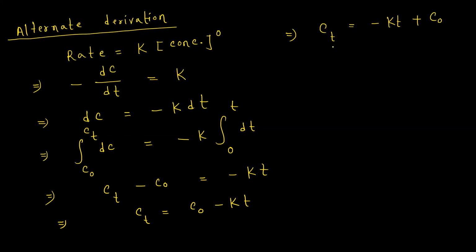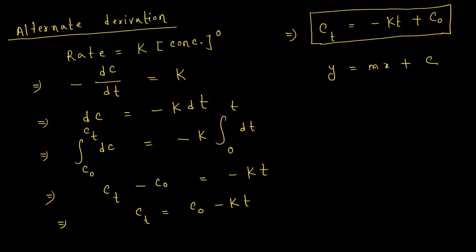Now we compare this expression with the equation of a straight line. As we know, the general equation of a straight line is y is equal to mx plus c. Here m is the slope of the straight line and c is the y-intercept.